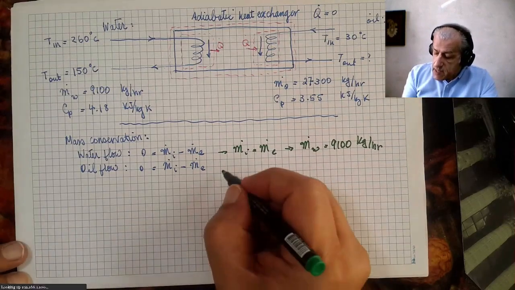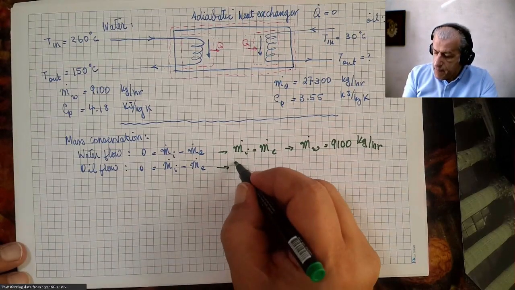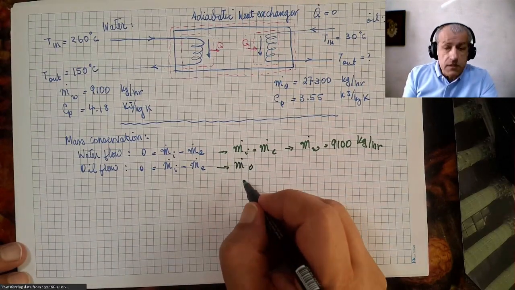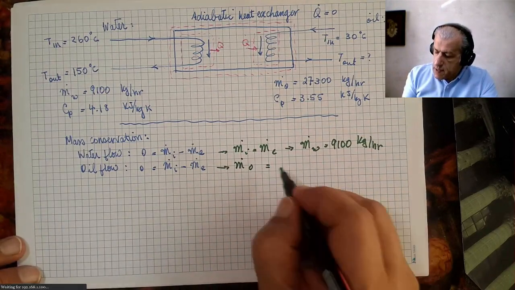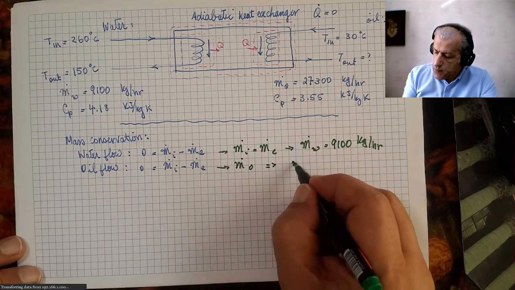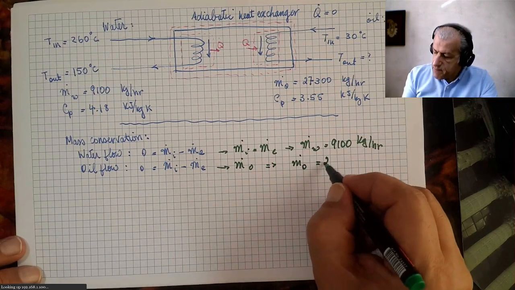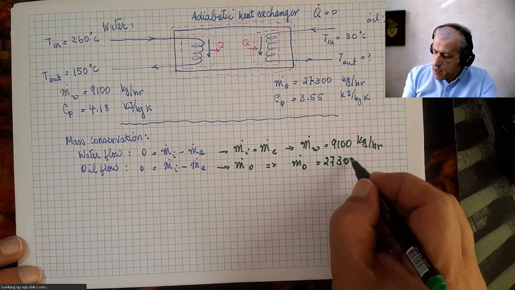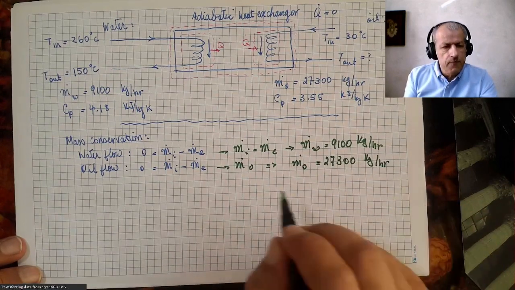We could repeat the same practice for the oil side, and then m dot O, which is the same for inlet and outlet, would be m dot O equals 27,300 kilograms per hour.